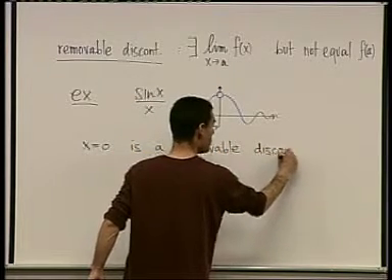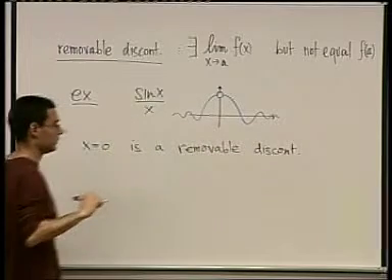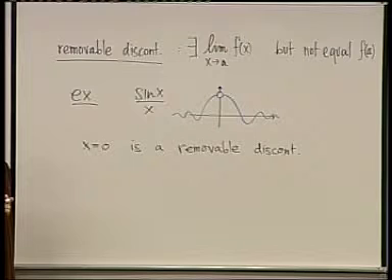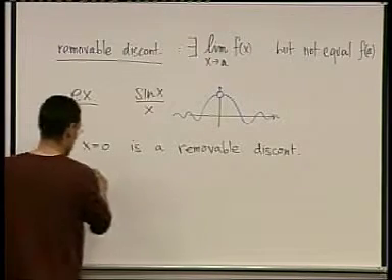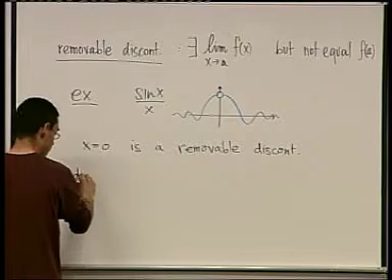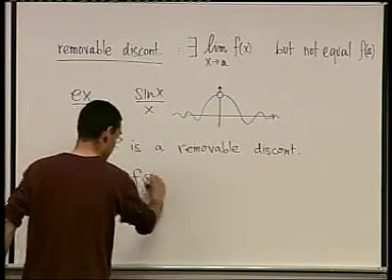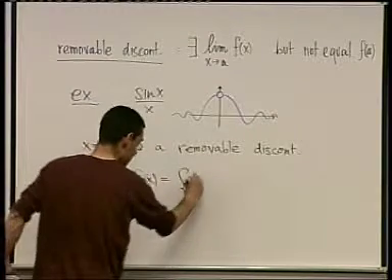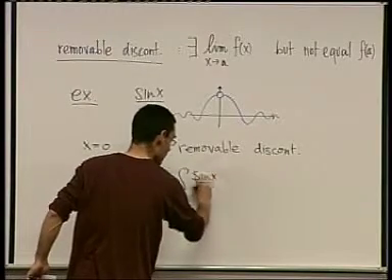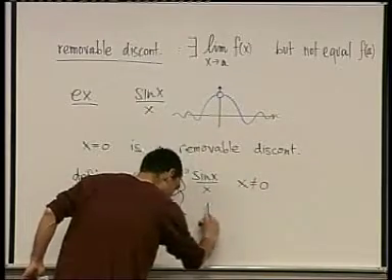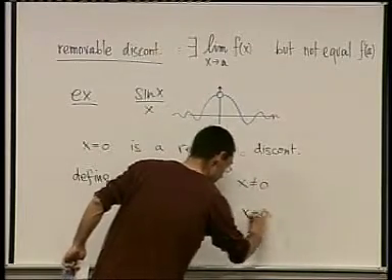How do you remove it? How do you remove this discontinuity? Right, right. Define f of x equals sine x over x if x is not 0, and 1 if x is 0.